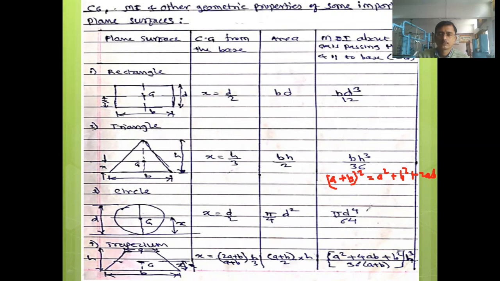Sir, moment of inertia for a square is a cube divided by 12, no? It won't be a cube, it will be a raised to 4 divided by 12.